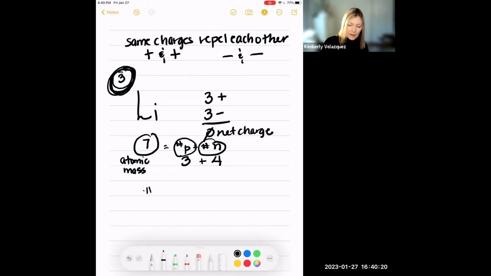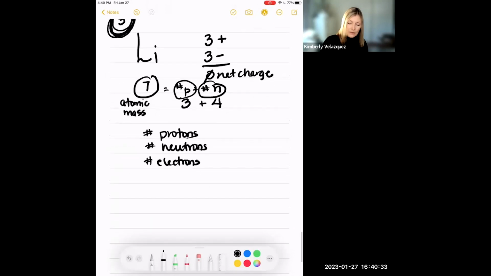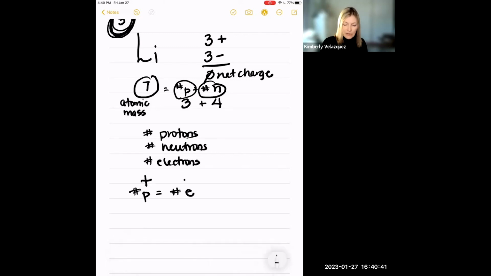So for every element on the periodic table, you should be able to tell the number of protons, the number of neutrons, and the number of electrons. And it's really important to know that the number of protons equals the number of electrons. In other words, the number of positively charged particles equals the number of negatively charged particles in a neutral atom on the periodic table. That is really, really important.